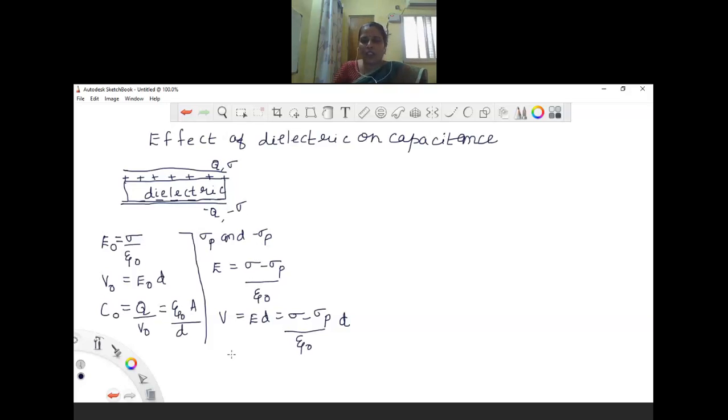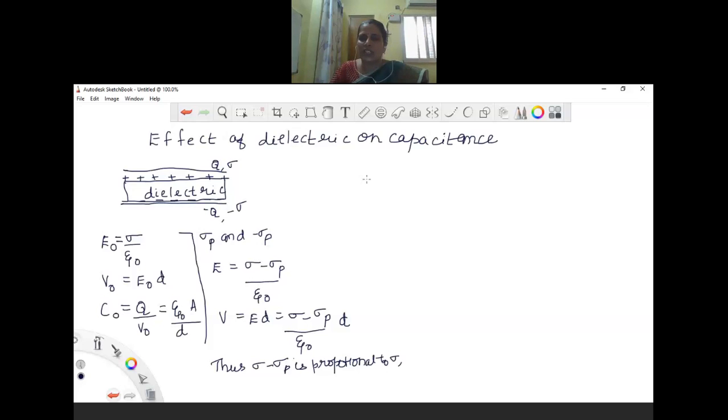Okay. And we know that for linear dielectrics, sigma p is proportional to E naught. Thus, we can write that sigma minus sigma p is proportional to sigma.